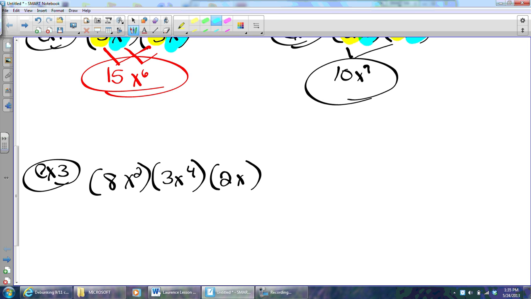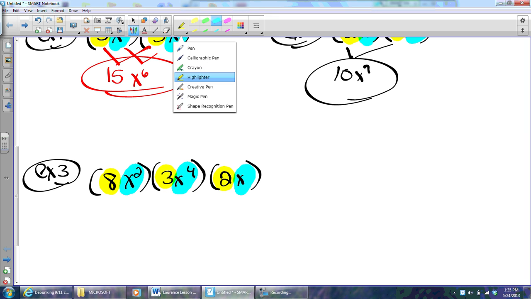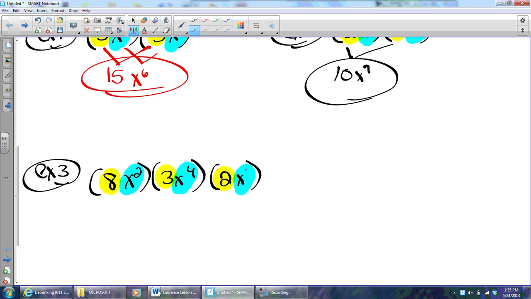All right. So this problem here looks a little bit longer. Well, 8's a coefficient, 3's a coefficient, and 2's a coefficient. I'm going to multiply those together. Then I'm going to multiply an x squared, an x to the 4th, and an x. And some of you are going, Mr. Lawrence, there's that plain old x again. Don't freak out. Just put a 1 there. It's okay.